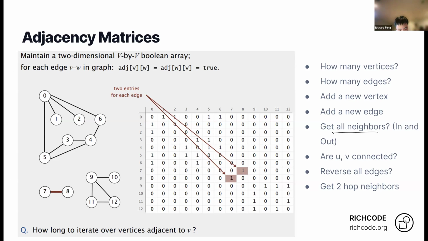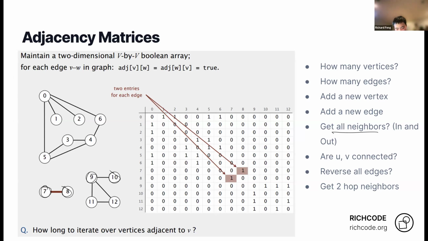Yeah, so for example, 7 and 8 are neighbors, 9 and 10 are neighbors. Yeah, so basically we can just look at one column or one row.